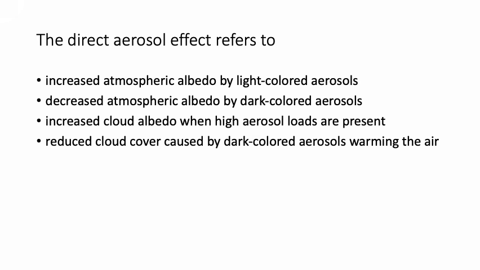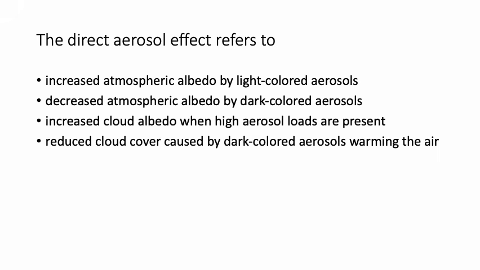The direct aerosol effect refers to, so remember the direct effect, it can be light-colored aerosols or dark-colored aerosols. So there's actually two correct answers to this question. So make sure you note that. Direct aerosol effect refers to increased albedo of the atmosphere if they're light-colored aerosols, and decreased atmospheric albedo by dark-colored aerosols.